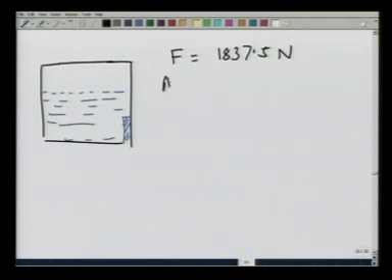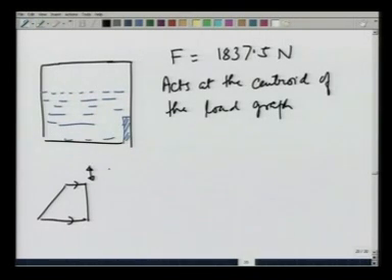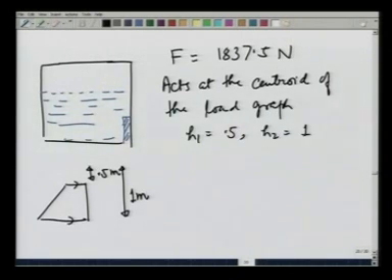It acts at the centroid of the load graph, which in this case happens to be a trapezoid. This distance is 0.5 meters. The depth of the other side is 1 meter, and therefore, I am given that H1 is equal to 0.5, H2 is equal to 1.